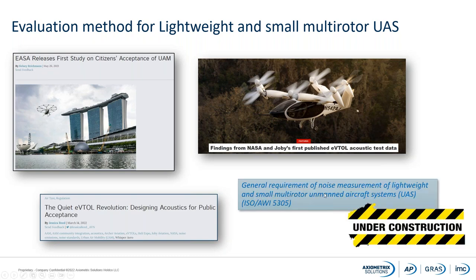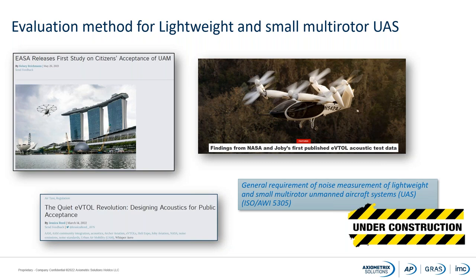So right now there is a new standard that is coming up, called the General Requirement of Noise Measurement of Lightweight and Small Multi-Rotor Unmanned Aircraft System, UAS, which is an ISO standard, and it is a working group called 5305. And you can actually go on the internet and see what is the status. But off the top of my head, the status is that it has been out for commenting for all the member states, and they are working on the second or the third draft right now.